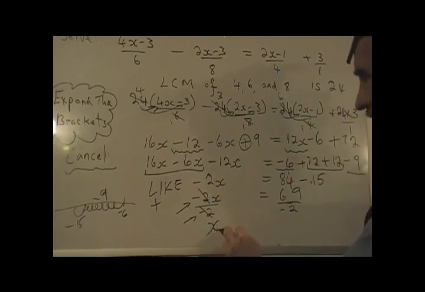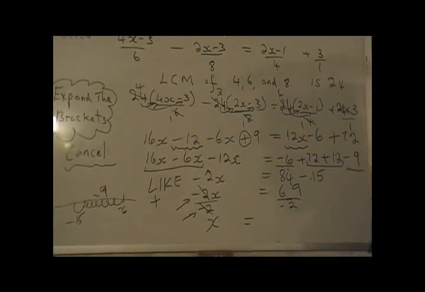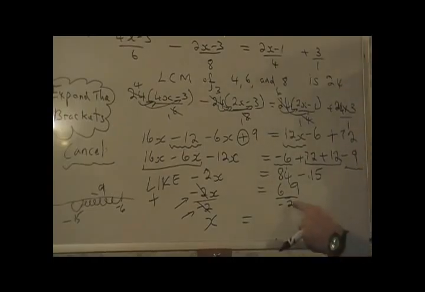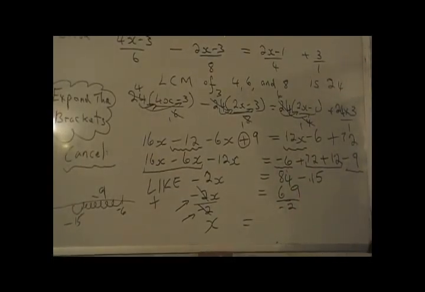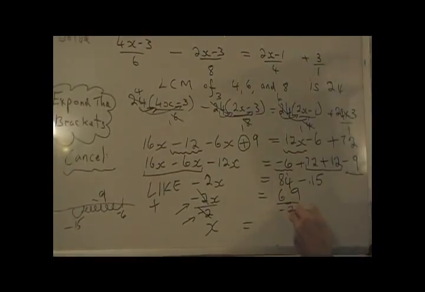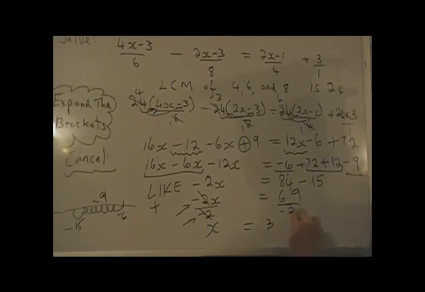So I end up with x on the left hand side of the equation. I now have to divide my minus 2 into my 69. That goes 34 times, and 2 into 9 is 4, 1 over, and that's a half.